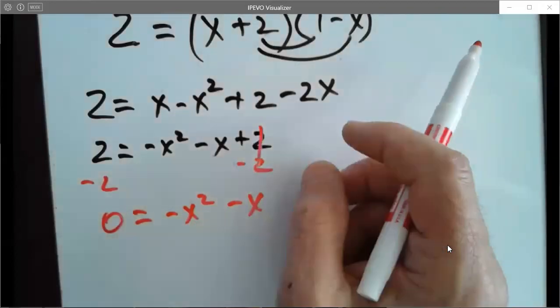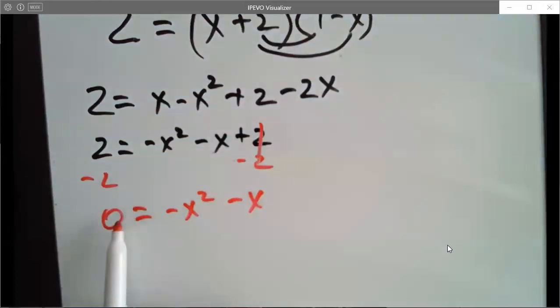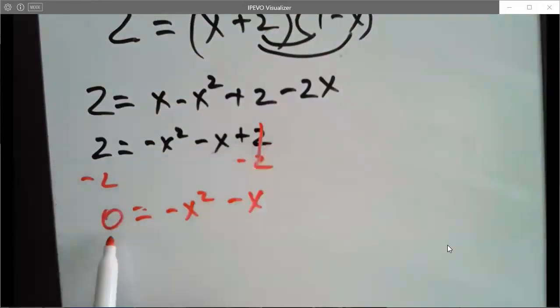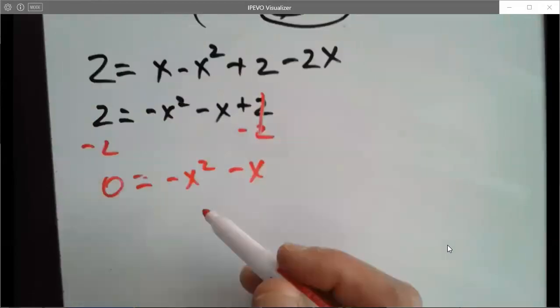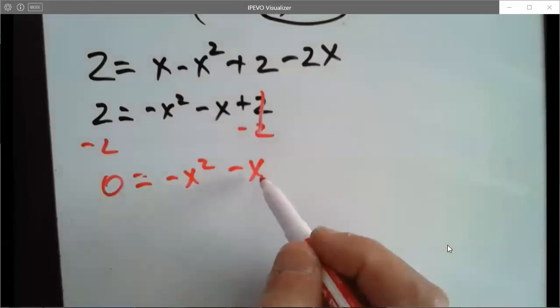Okay? So whenever you're solving a quadratic equation, you always got to set it equal to 0. Right? So that's why we had to move that 2 over, so we could set it equal to 0 and use the zero factor property to solve. Well, now we want to solve negative x squared minus x.